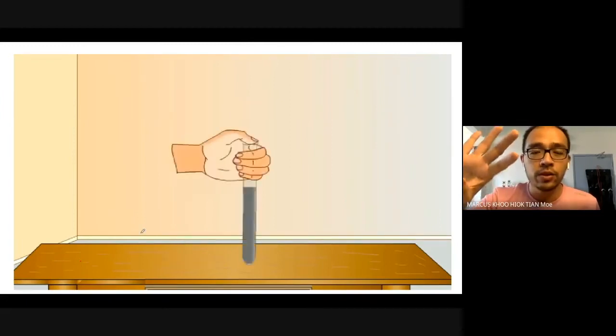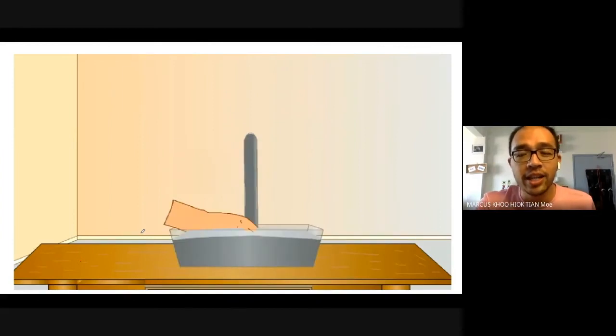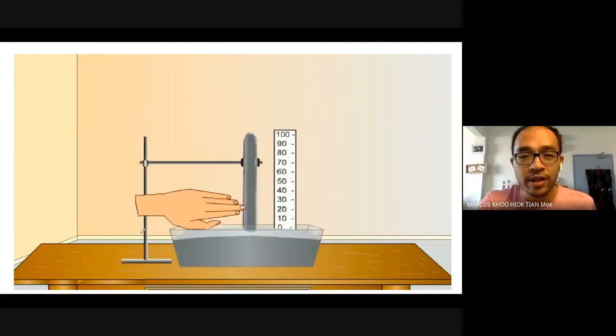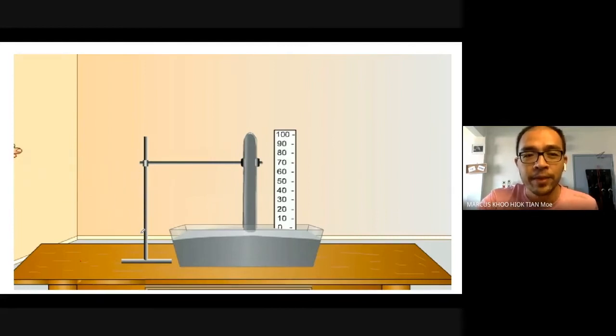Then after that you invert it and put it inside the mercury. I don't know how this guy's hand can survive mercury. Then you put a retort stand to support this 1 meter tube.